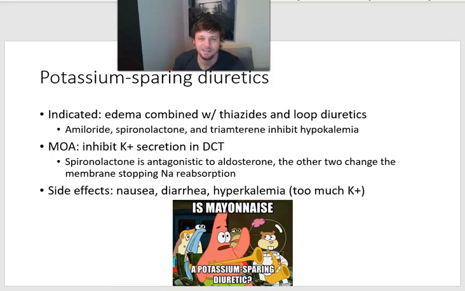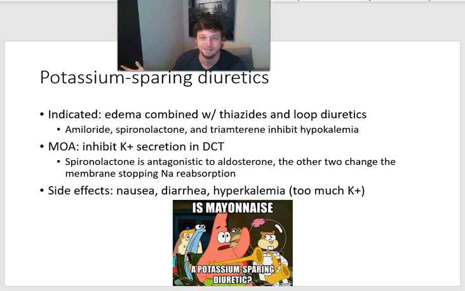Different drugs in this group, they all spare potassium, but some of them do it differently. Like your spironolactone, this one is going to be antagonistic to aldosterone. Remember, aldosterone is a mineralocorticoid, and it helps to get rid of potassium and maintain sodium. So you're keeping sodium and water and losing potassium.